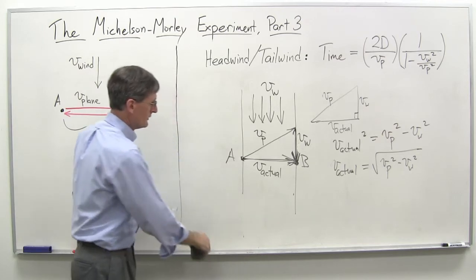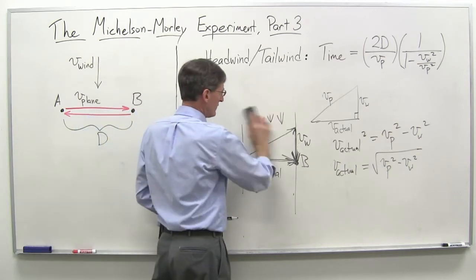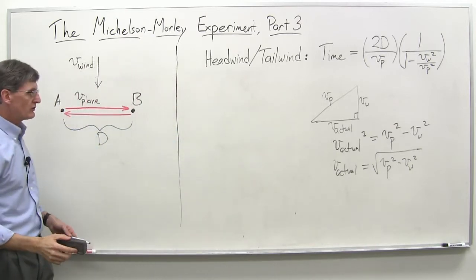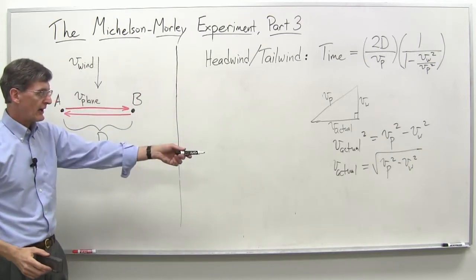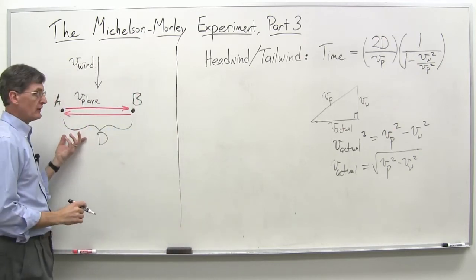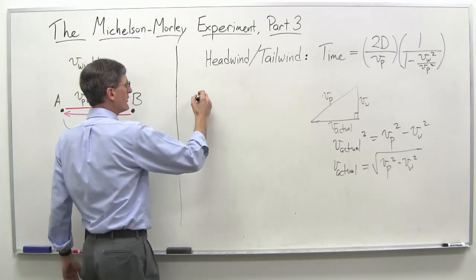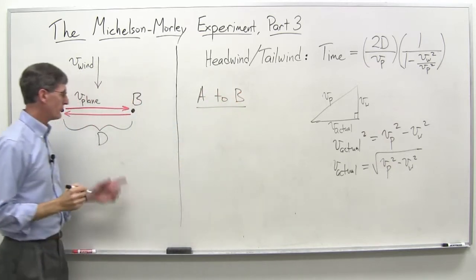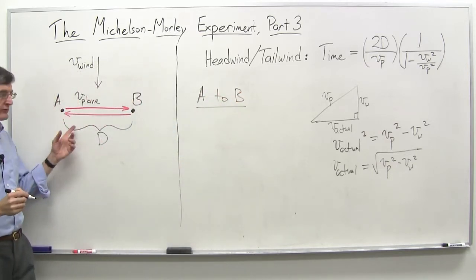So we'll erase our river here, or the plane situation like that. We know what V actual is now. We just found that out. So what's the time? Let's just go, first of all, A to B. The A to B travel time is going to be the distance. Right?